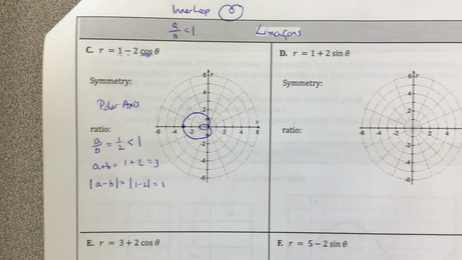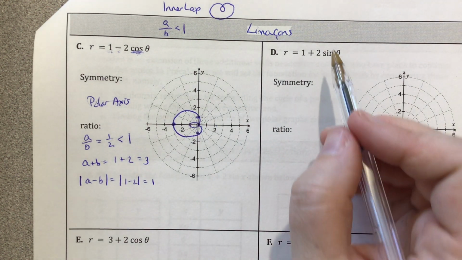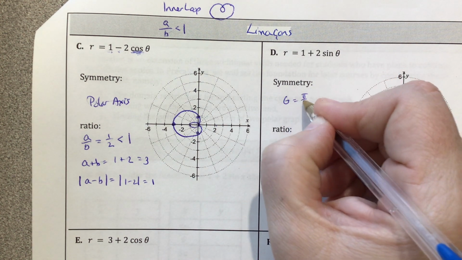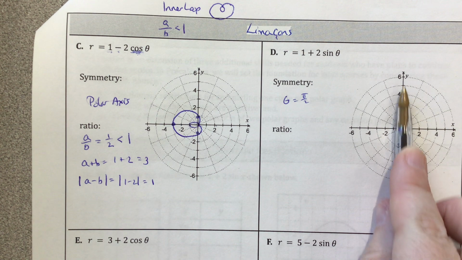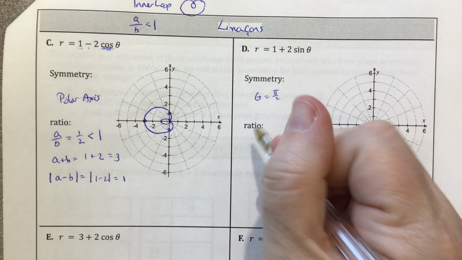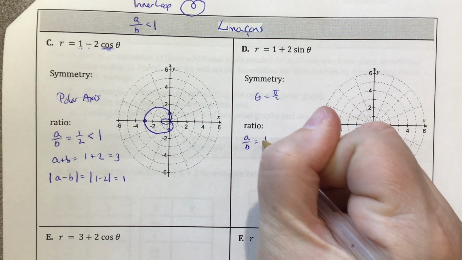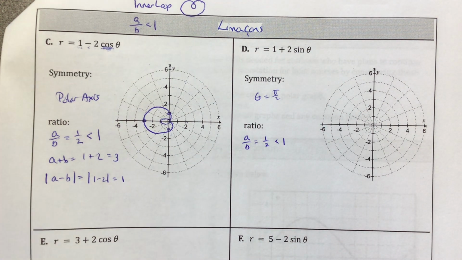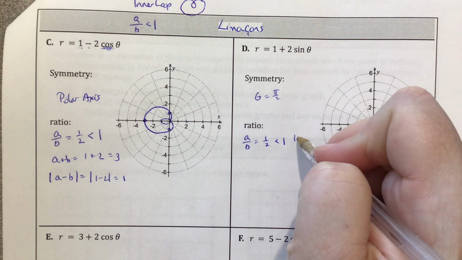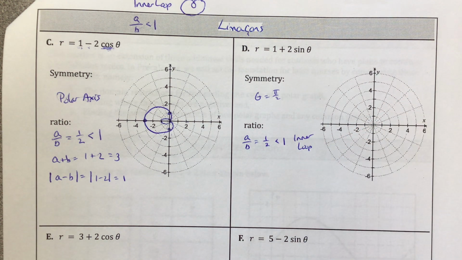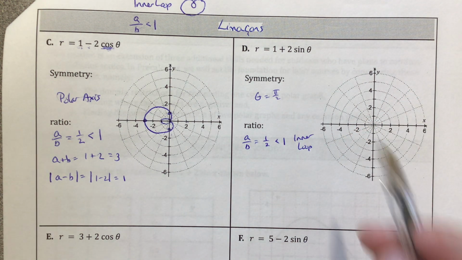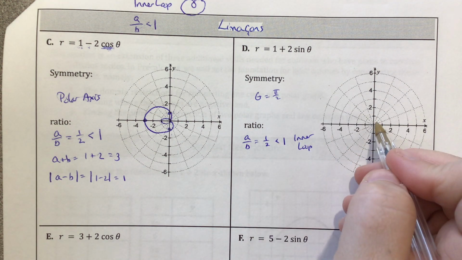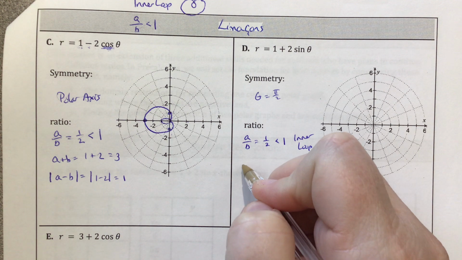All right, let's try another. So here, sine, I know that it will have vertical axis, theta equals pi over 2 symmetry because it's a sine. The ratio A over B is 1 over 2. That is less than 1, so we're going to have an inner loop. Let's find how far to go to get to the body, the big part of our graph.